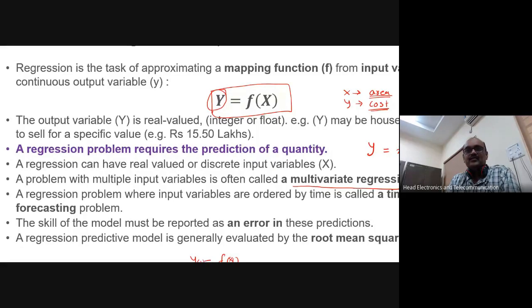So this suffix now indicates the time. If this is the case, then it is a time series regression problem.